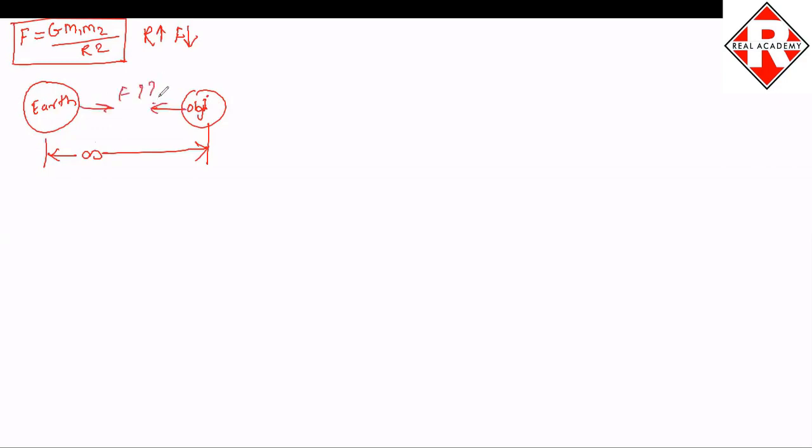Whatever force will be acting on the object can be said to be the potential energy of the same, correct? But since the distance is infinite, the force will be very, very less, negligible.